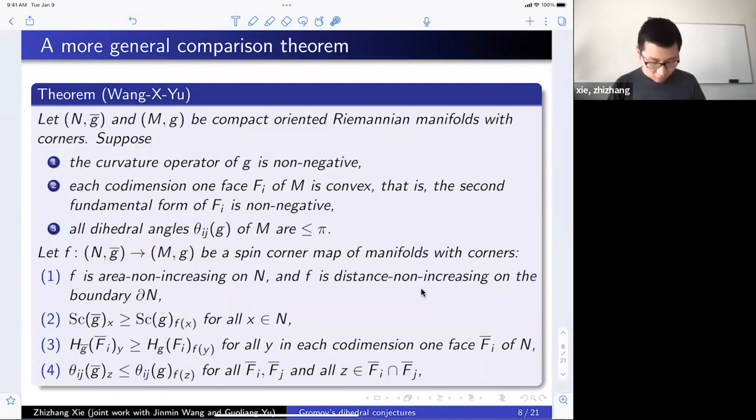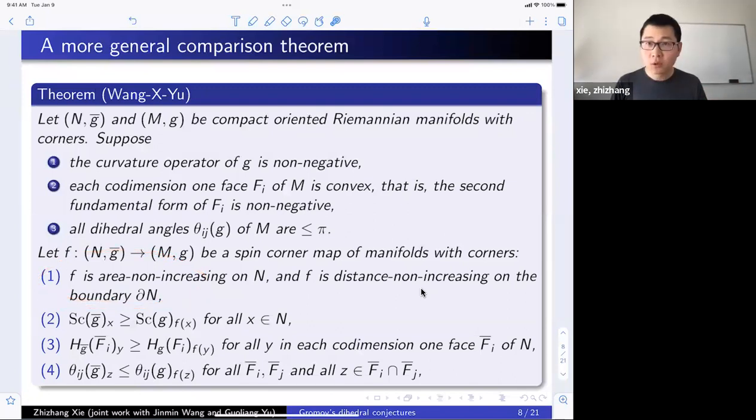Rescaling the flat metric is not going to change the scalar curvature. And because the faces are flat, you're not going to change the mean curvature. The dihedral angles, of course, remain the same under rescaling. So by trivial rescaling, this condition will be automatically satisfied in that context. So for Gromov's conjecture, at least for convex polyhedra, this is automatic.